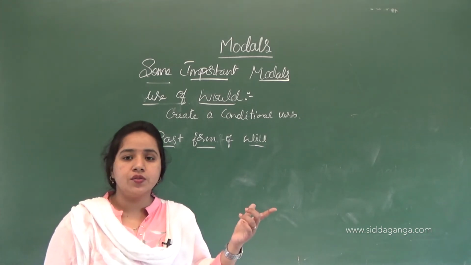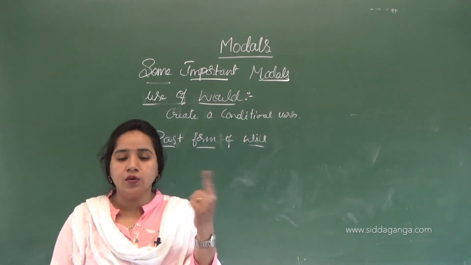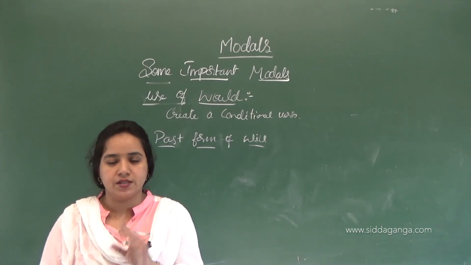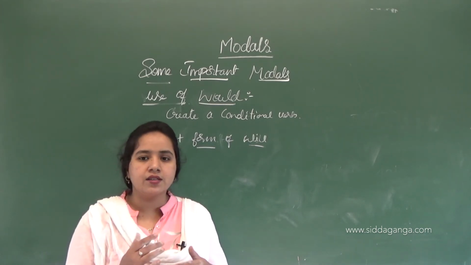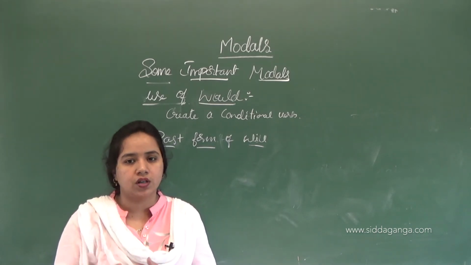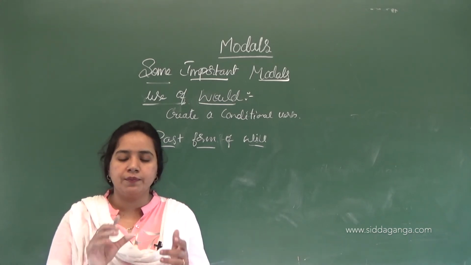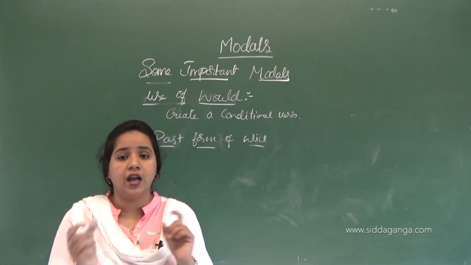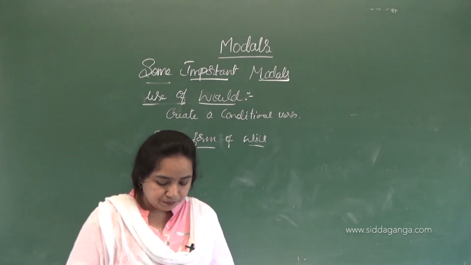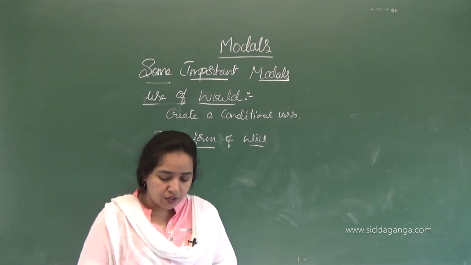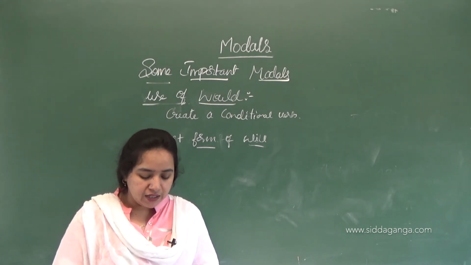This would is the past form of will, and it is also used to indicate past habits. So could is also used for past habits, and would is also used for past habits. Okay, don't get confused here, but there are some slight changes in this. I will tell you what the slight changes are when we compare and differentiate could and would. So for past habits we also use simple past tense and used to.